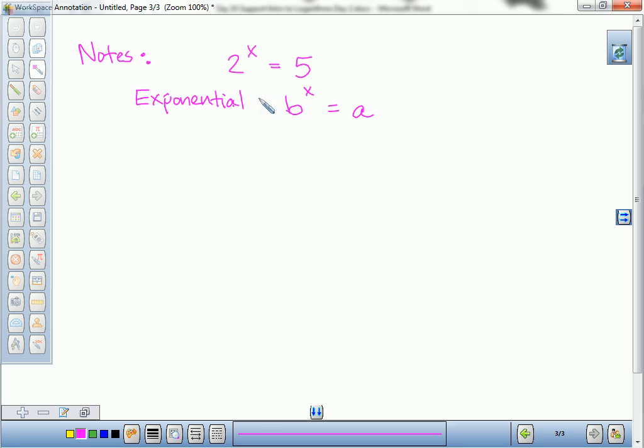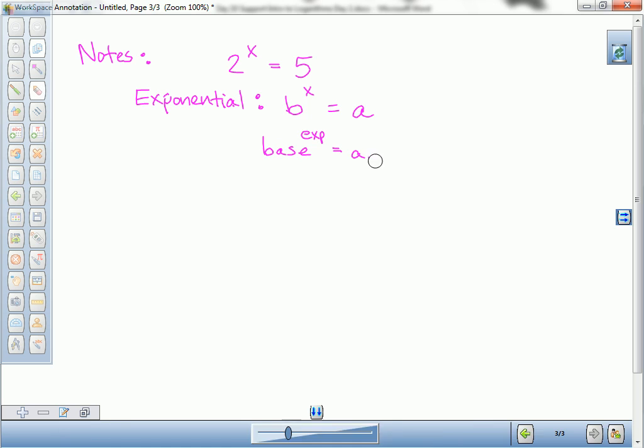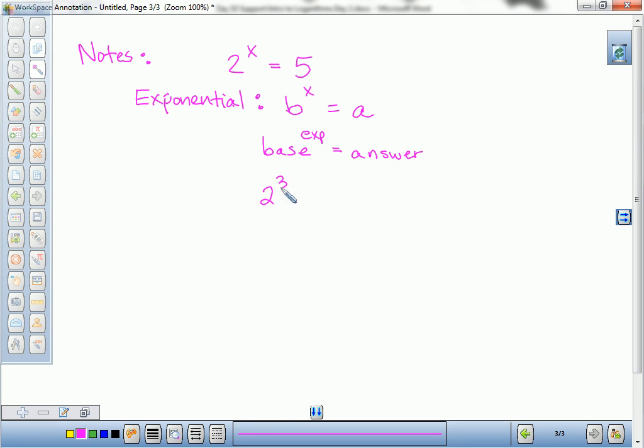So this is how I say it every time: a base raised to an exponent equals an answer. Okay, so an example of something in exponential form would be 2 to the 3rd equals 8.